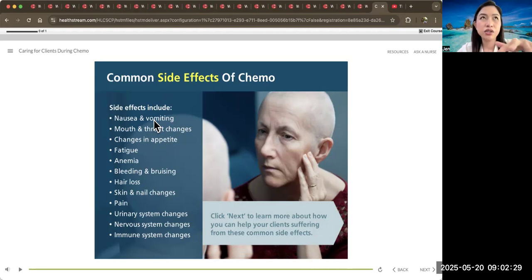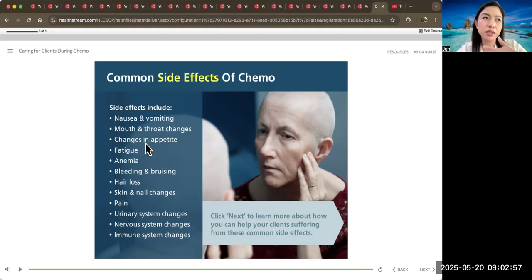But there are medications that the doctor prescribed as soon as the patient leaves the chemotherapy unit or the oncology unit. Yes, there are mouth and throat changes, especially during the infusion of the chemotherapy drug. There are some drugs that you could taste. So this is also a side effect of the chemo.